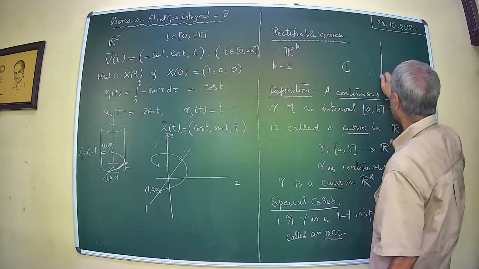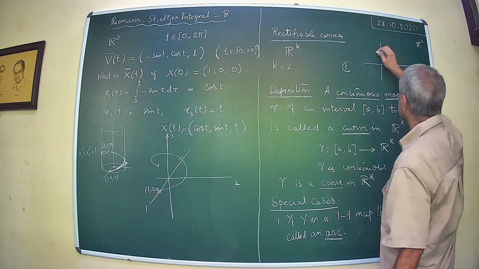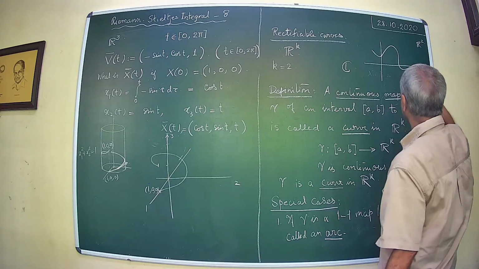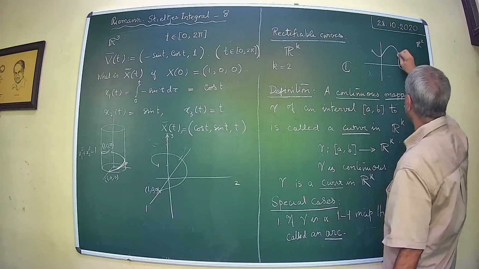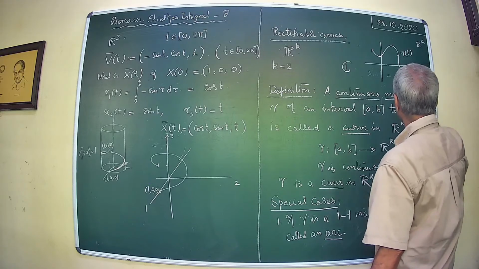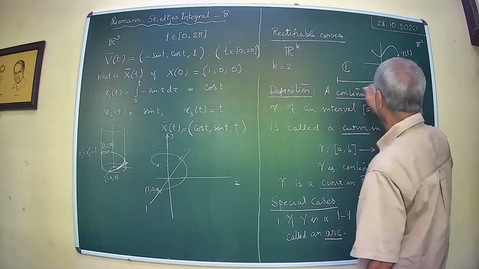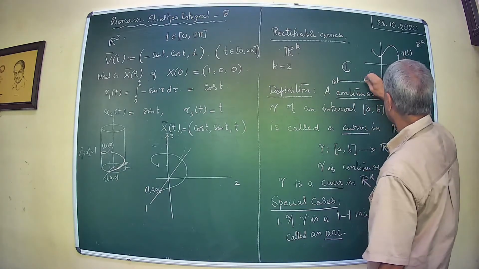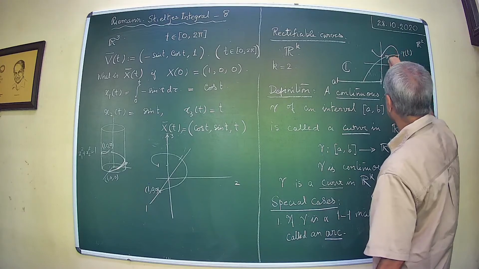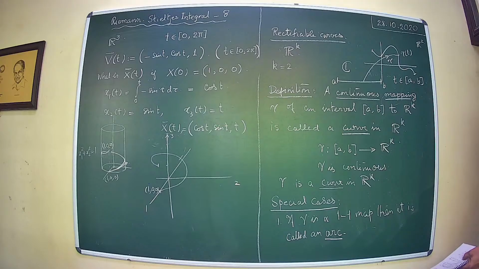Suppose, let us take R2, and suppose this is gamma of t. There is a t interval a to b and gamma is the map from here. Gamma is assumed to be continuous as well as one-to-one.